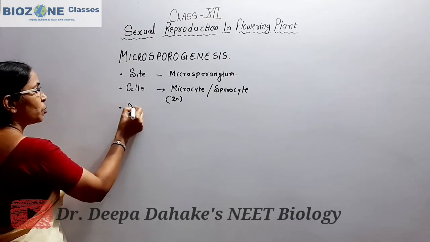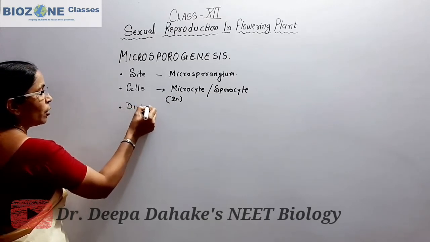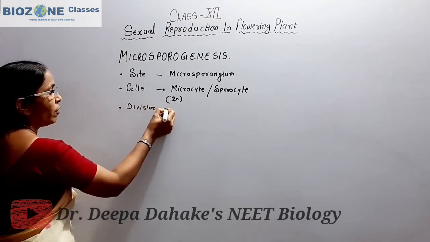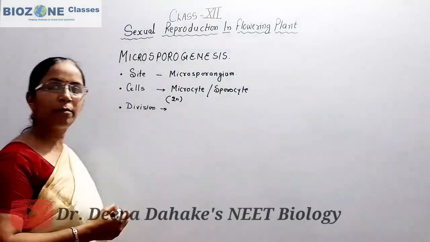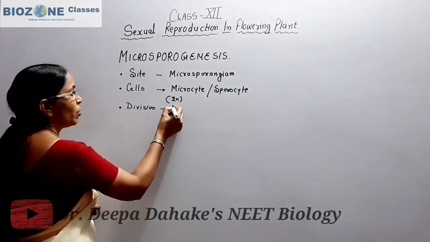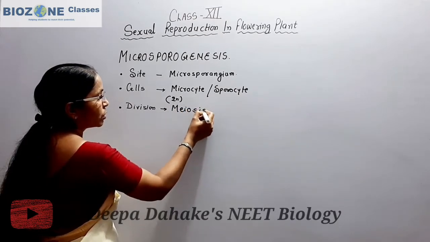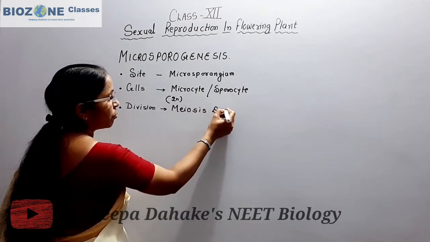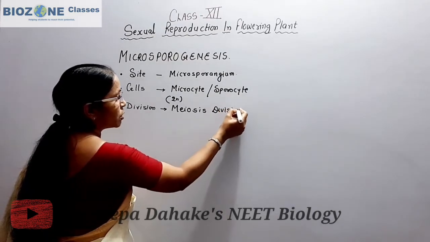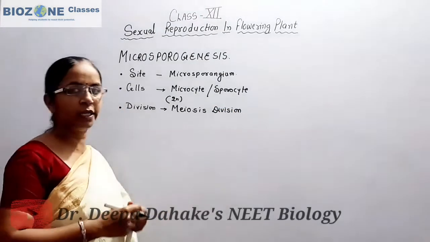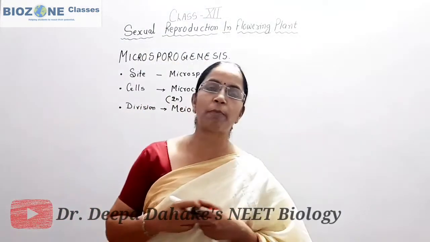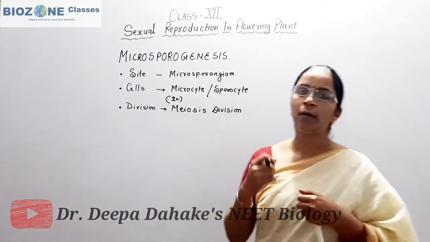And when we come towards the division, here you remember what kind of division takes place during microsporogenesis. In angiosperms or in plants, meiosis division is responsible for the process of microsporogenesis. So these are some key points that you remember for the process.